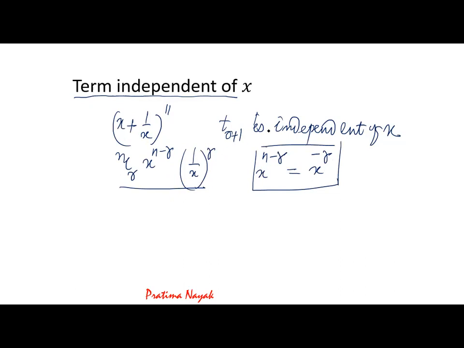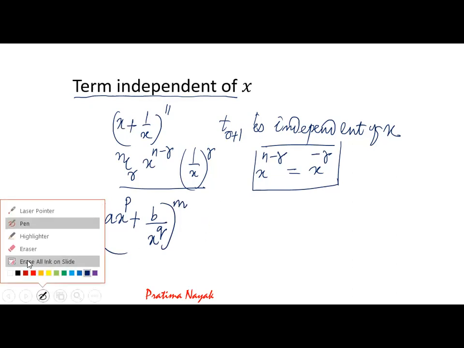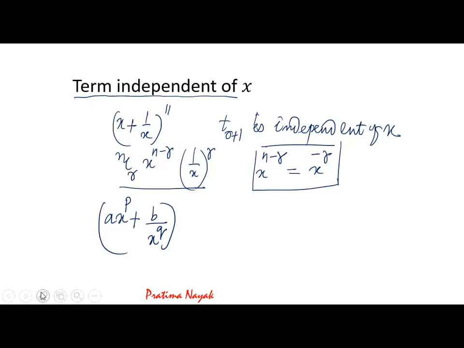This is the independent of x. That means if it is (a x to the power p plus b by x to the power q) to the power n, that will be better because this is familiar to you.